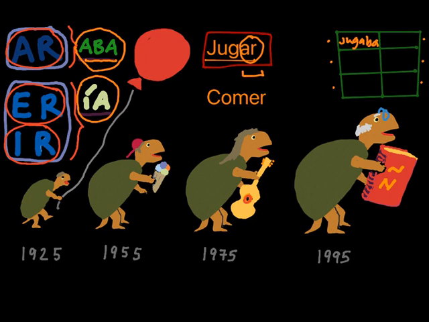You just put that aba everywhere, and then you put the personal endings. Jugaba, jugabas, jugaba, jugábamos, jugabais, jugaban.